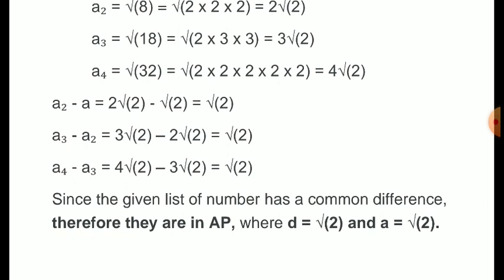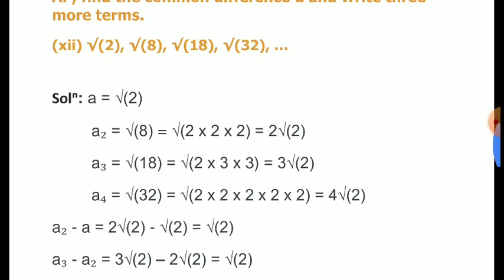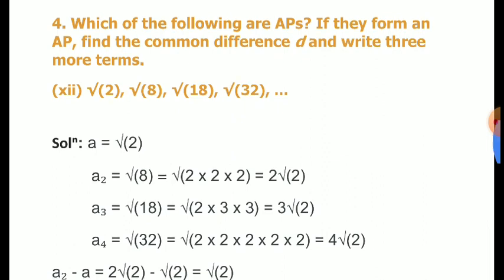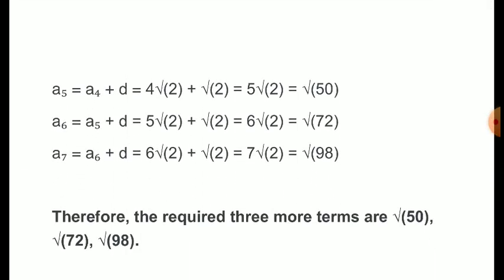So if they are in AP, then we have to find another 3 terms from this AP. Since we already verified that the given list of numbers is from an AP, we can now find the next 3 terms. The first, second, third, and fourth terms are already given.